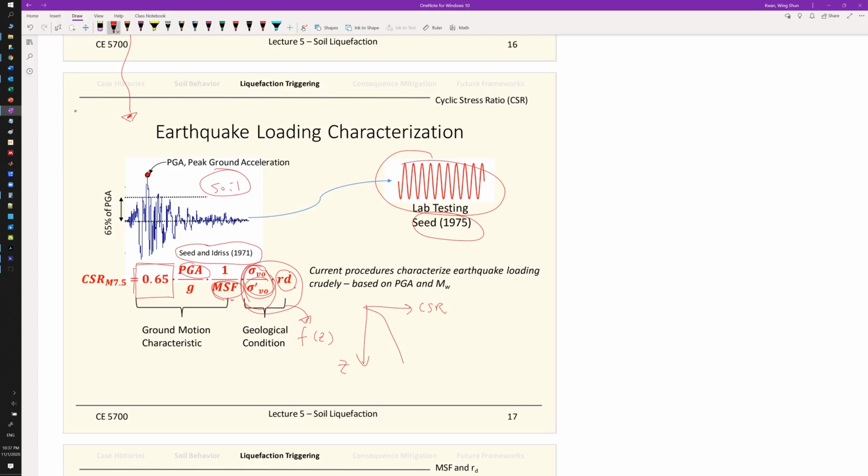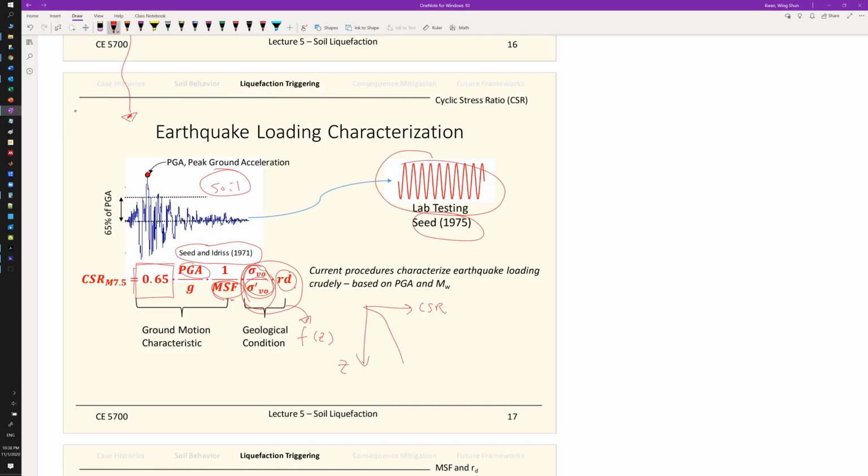Because remember, back in the old days, it was not quite possible to input an erratic acceleration time history with precision in the lab, but simple harmonic sine forms, those cyclic loadings, were doable. And actually it's more practical to use a series of harmonic motions to represent the acceleration time history.